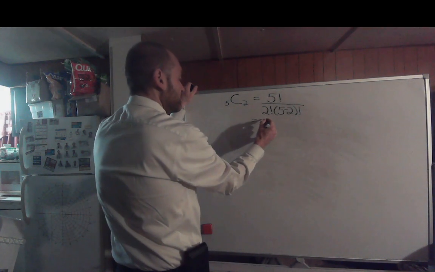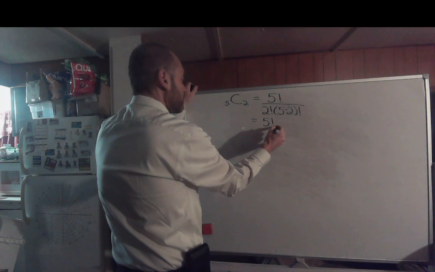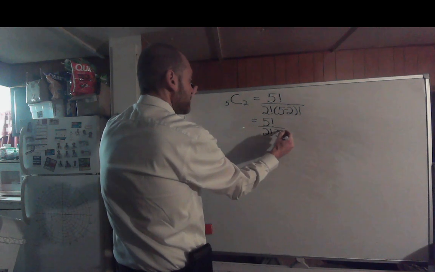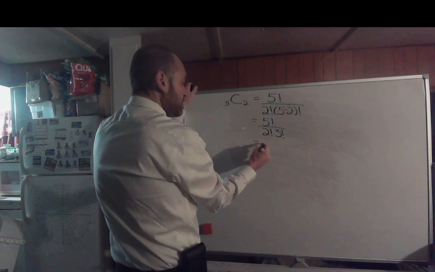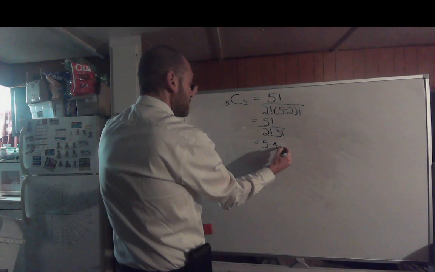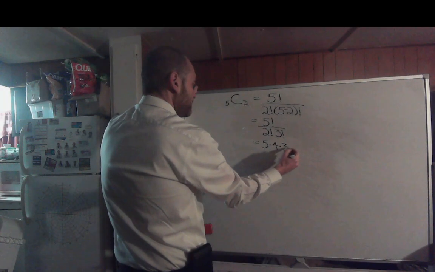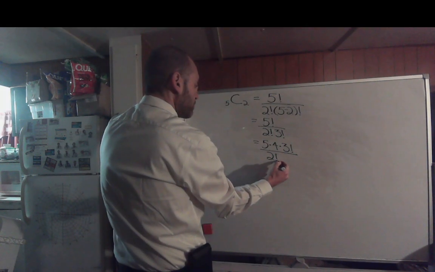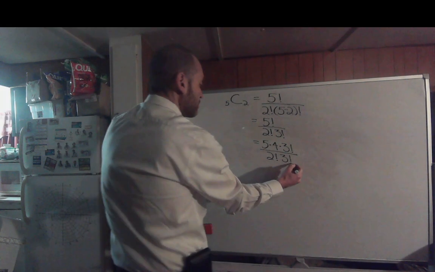Well, this would simplify into 5 factorial all over 2 factorial times 3 factorial, which could simplify further into 5 times 4 times 3 factorial all over 2 factorial times 3 factorial.